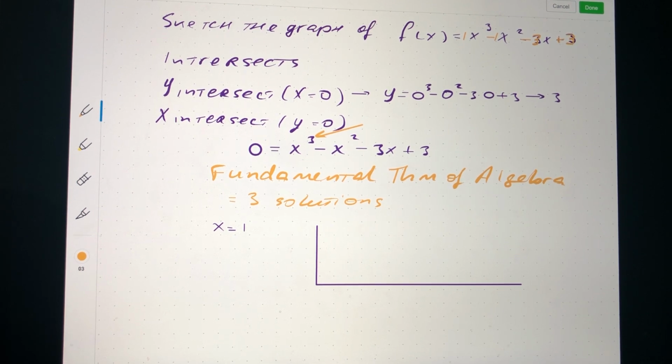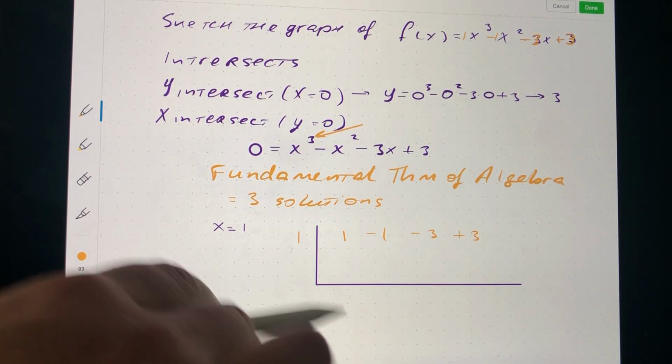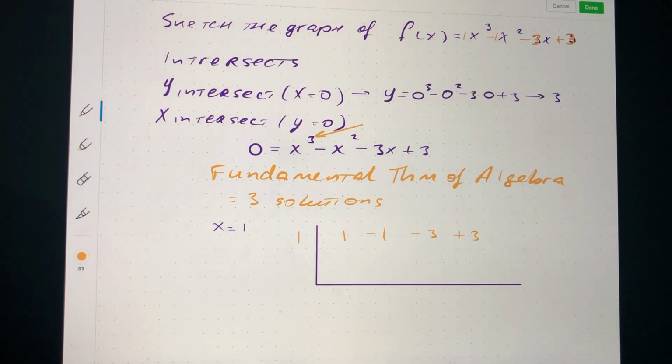We make sure that all the terms are present, and if anything is missing, we put 0 in its place. Then we divide. First we add down, and then we multiply diagonally. So 1 plus nothing is 1, and multiplying diagonally, 1 times 1 is 1.